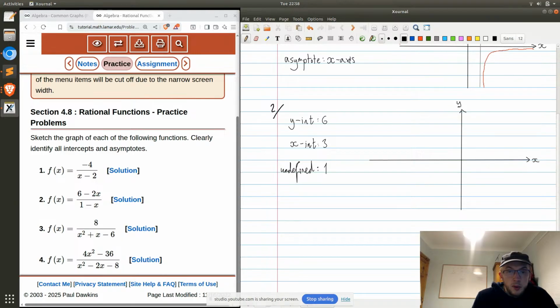Because just looking up rules and blindly applying them helps no one. So the y-intercept is 6. And the x-intercept is 3. And you know what, I'm going to do it like this.